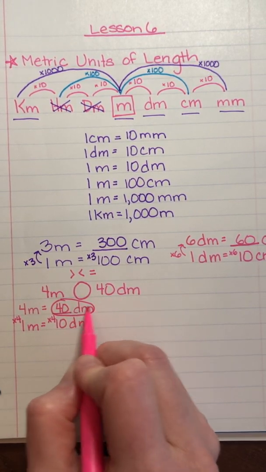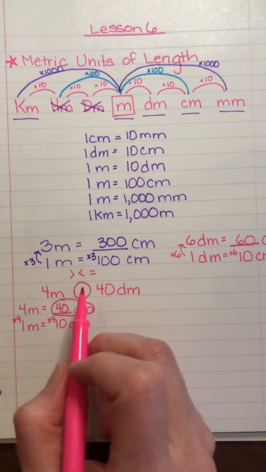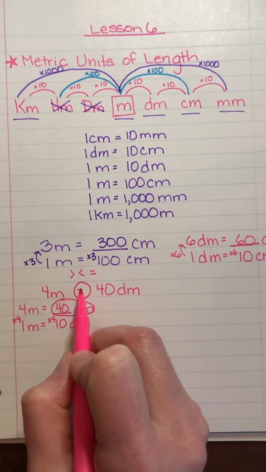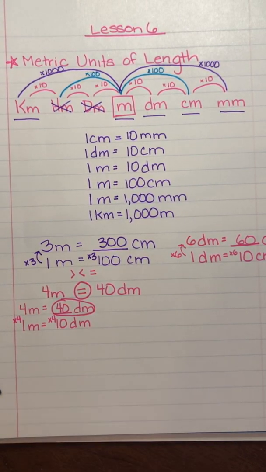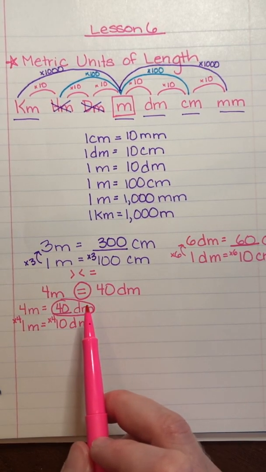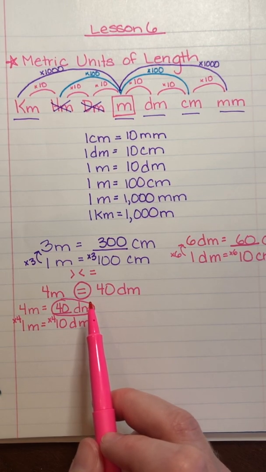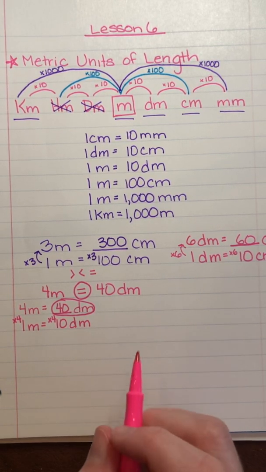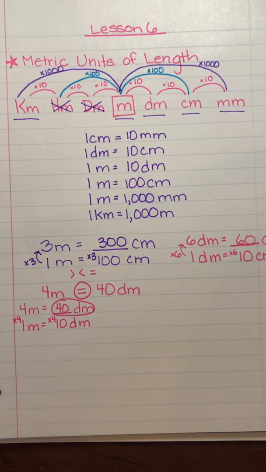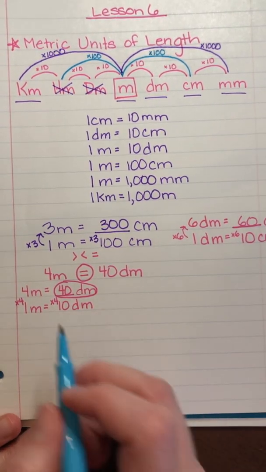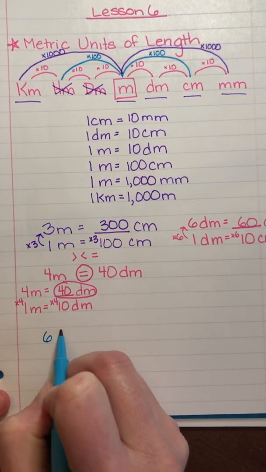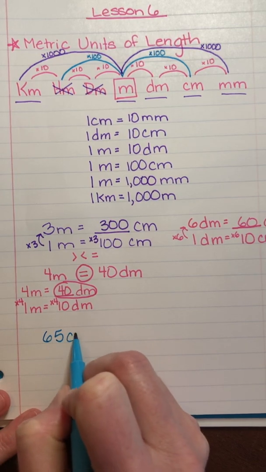Well, now that they're in the same unit, I can make my comparison super easy, and I know 40 is equal to 40. Okay, so this process shouldn't be much different than what we were working on last week. You're just working with different units of measure. Okay, the other thing that you're going to be asked to do, if I give you, let's say, 65 centimeters.